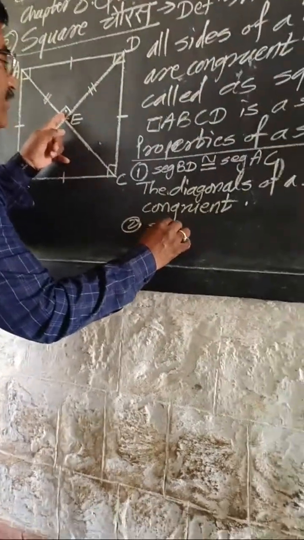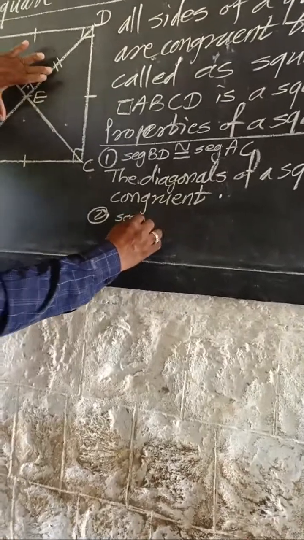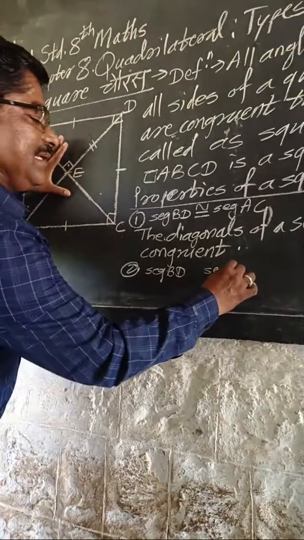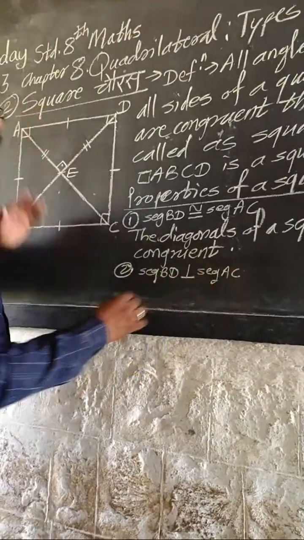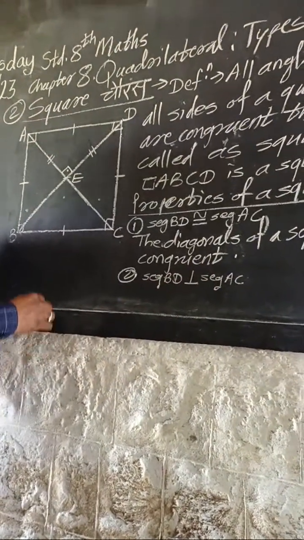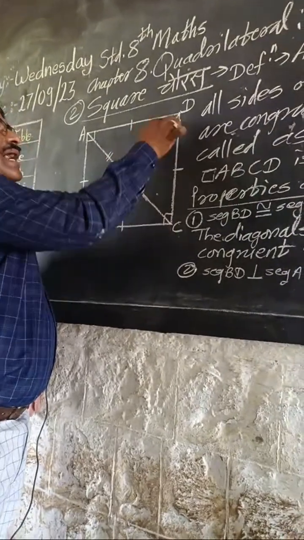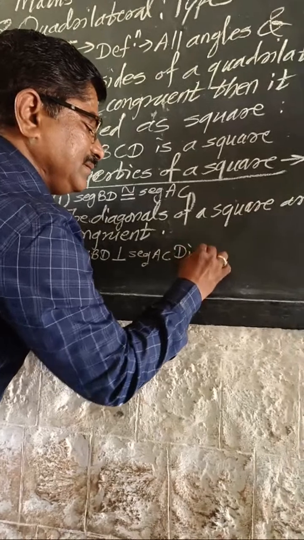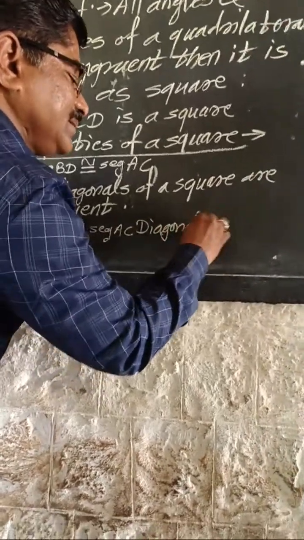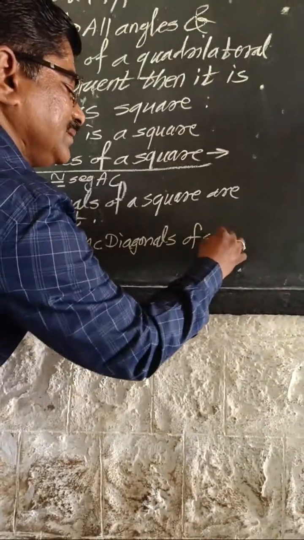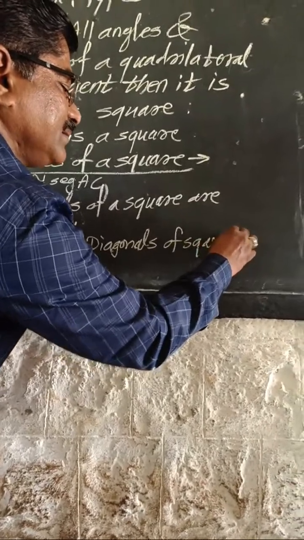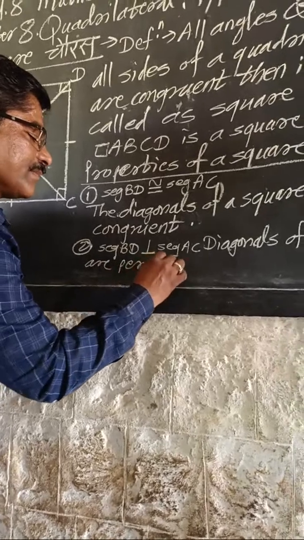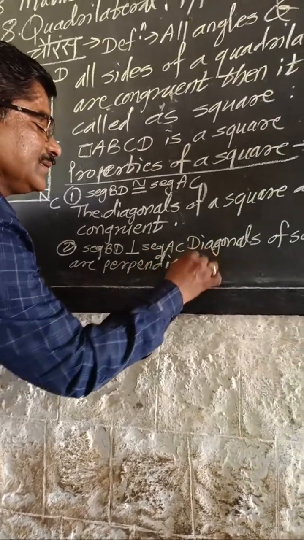Segment BD and segment AC are perpendicular, meaning the diagonals are perpendicular. The diagonals of a square are perpendicular.